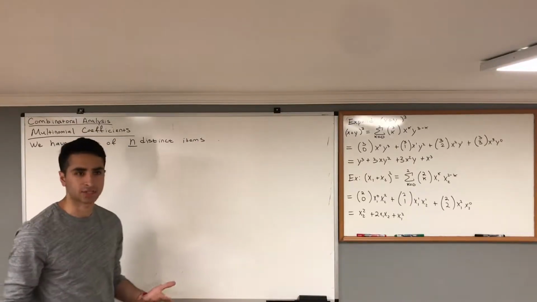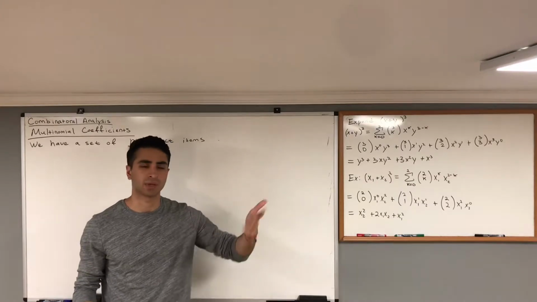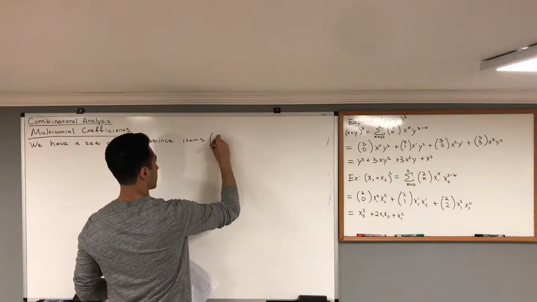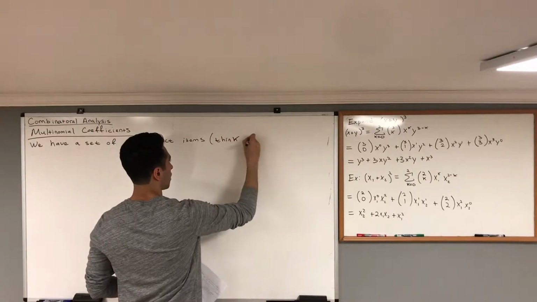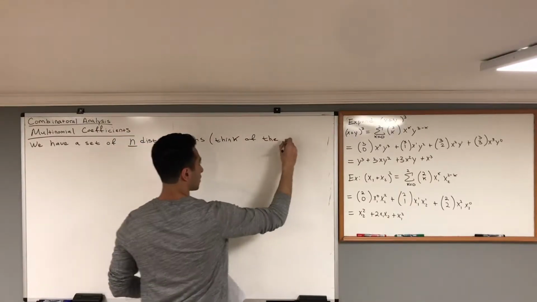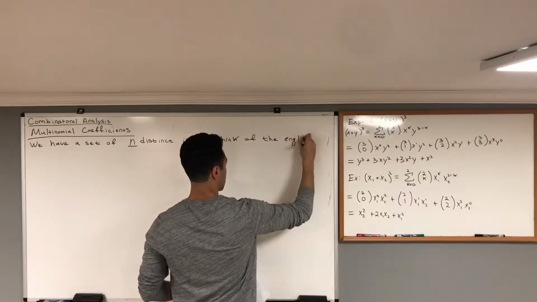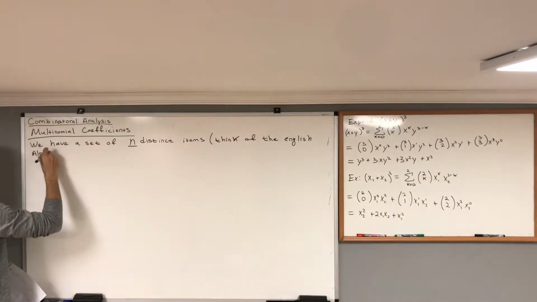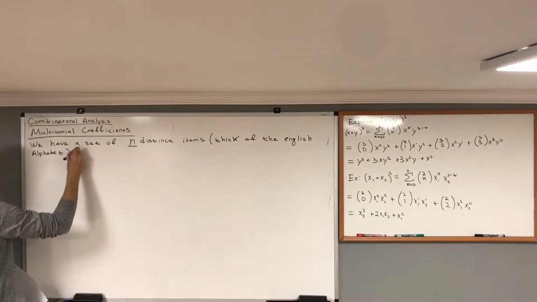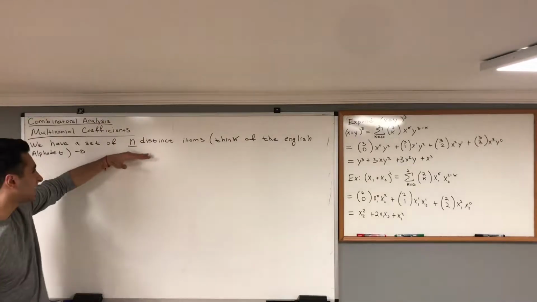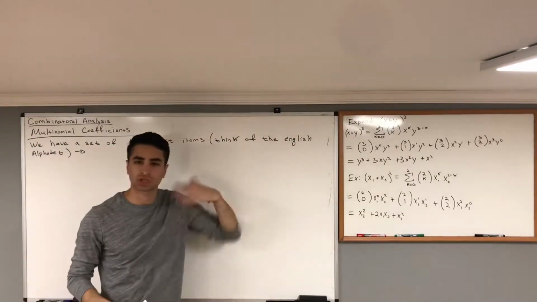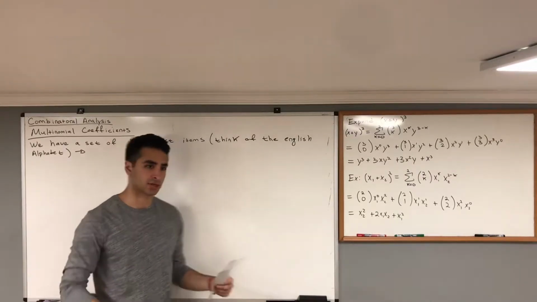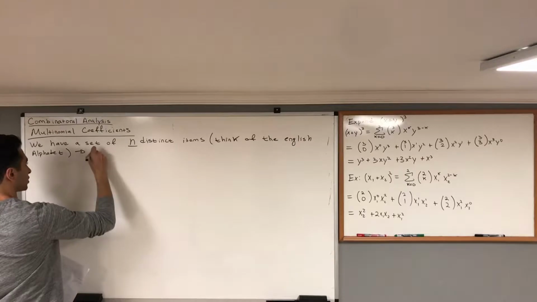So, n distinct items, think of the English alphabet. You have the letters A, B, C, all the way to Z. So in this case, if we have n distinct items, when we think of the English alphabet, we have 26 distinct items, right? 26 distinct letters, A through Z. So n in this case equals 26.